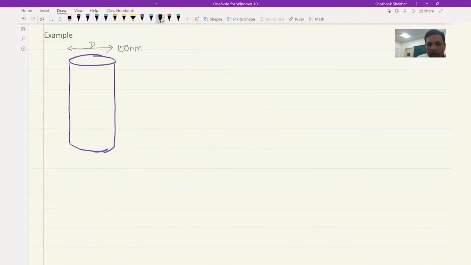And let's say that for this material, it is also given that the shear modulus is equal to 200 gigapascal, and the Burgers vector is equal to 4 angstroms, and nu is equal to 0.5. And let's say that the lattice resistance, or the minimum force per unit length required for dislocations to move, is 1.02 Newton per meter.